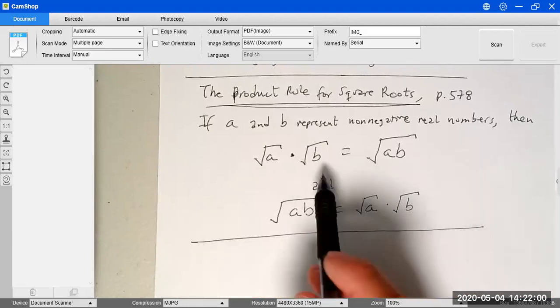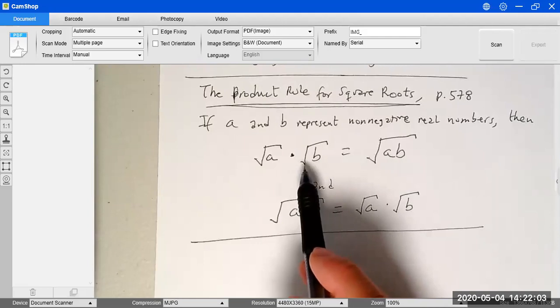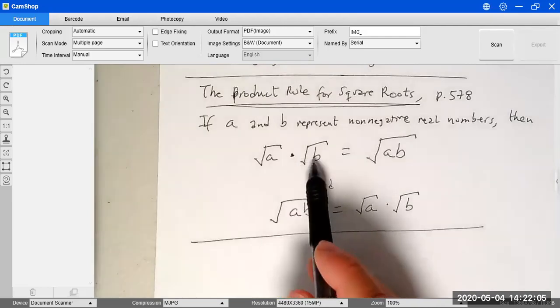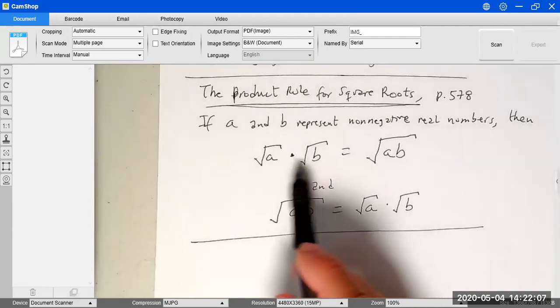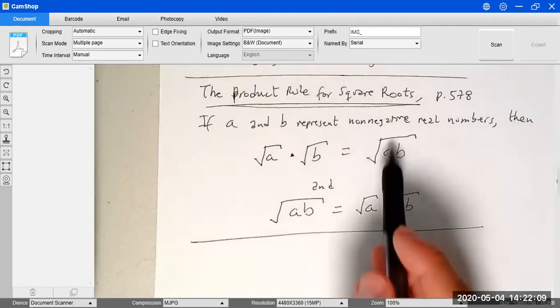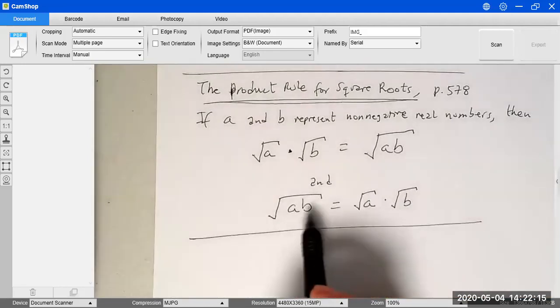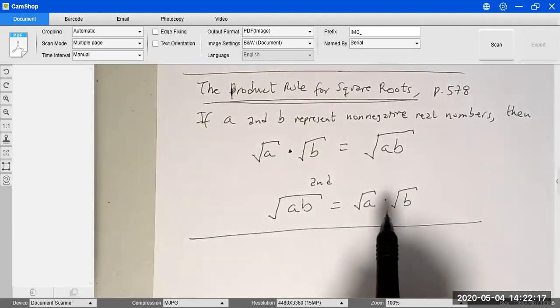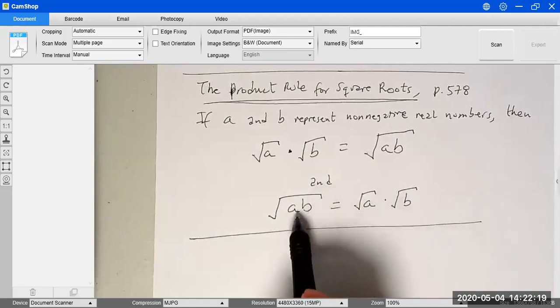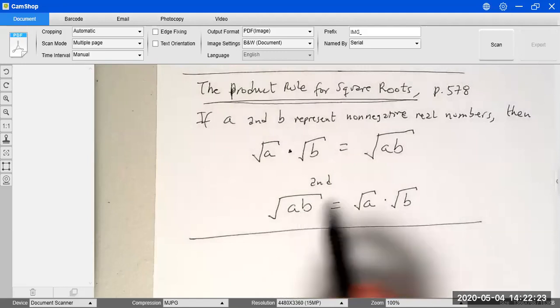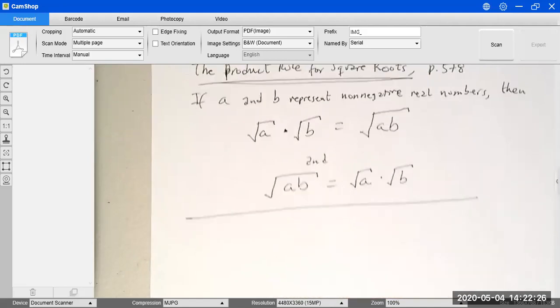So sometimes to simplify radicals, we need to do these operations. We need to multiply them, and then maybe because the product is going to be a perfect square, we're going to be able to simplify. Sometimes it's the opposite. We need to break a number that is not a perfect square in two parts. One part is going to be a perfect square, the other part is going to be a non-perfect square. But you're going to see later with some examples.